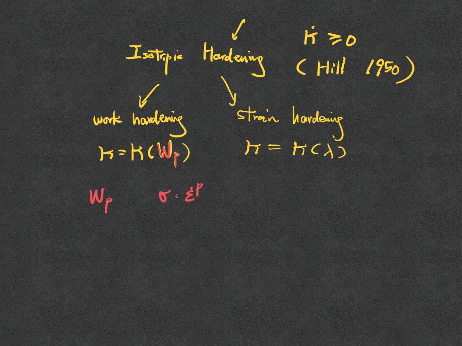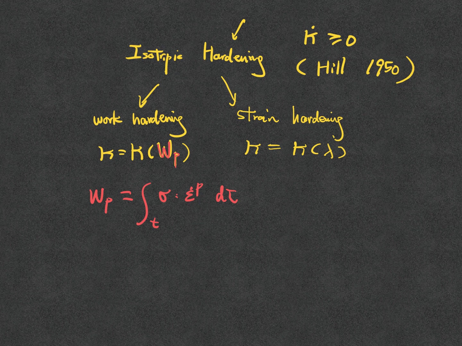Now this one is not work. If you look at the unit, because of the time derivative, it has the same unit as power. But if you take the time integral of it, that would indicate the plastic work done on the material. Does that make sense?